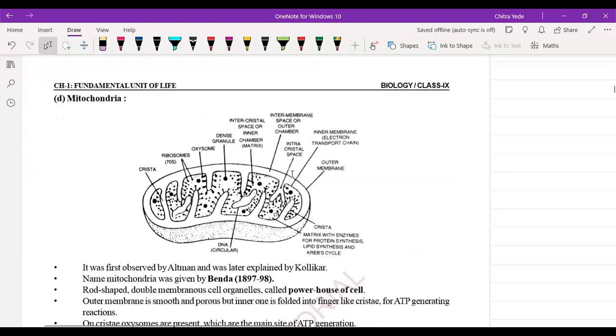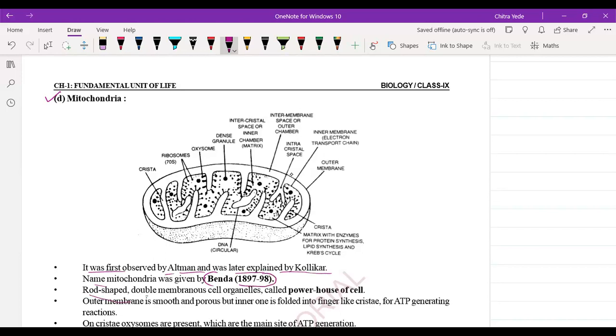Then we have mitochondria. It is very important because it provides energy to the cell, which is why it is called the powerhouse of the cell. It was first observed by Kolliker and later explained by others. The name mitochondria was given by Benda in 1897-98.